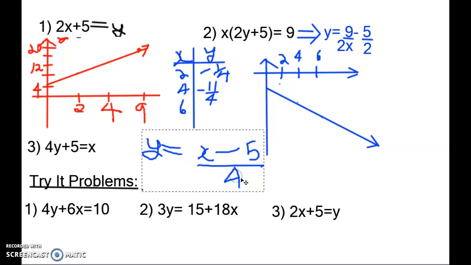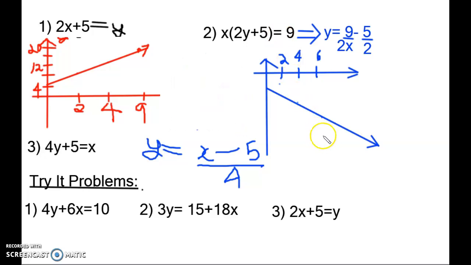When you graph this, it would look something like this. Your linear graph again, go up with that.